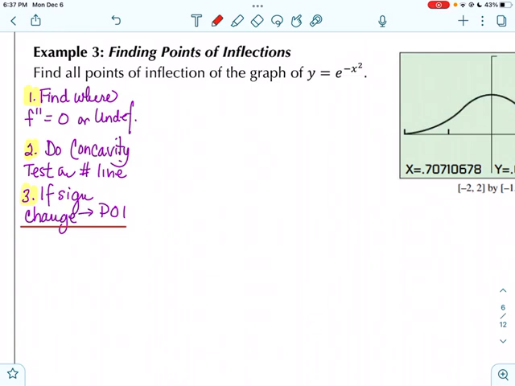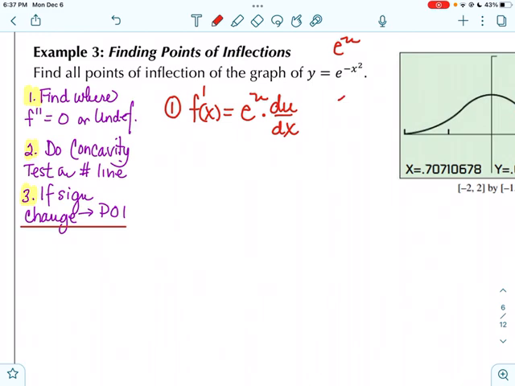So step 1, we have f prime first. We have an e to the u form, remember, so the derivative will be an e to the u times du dx form when working with exponentials.